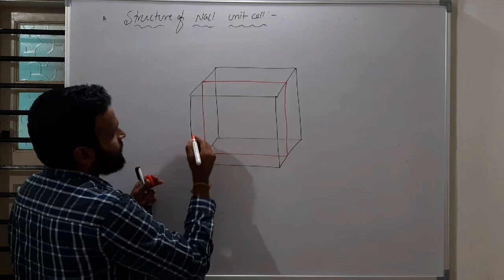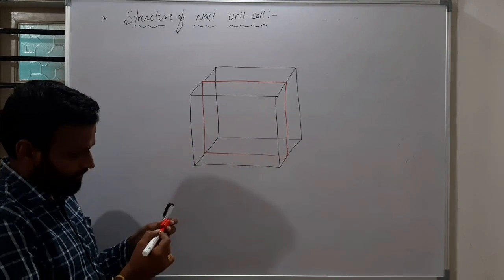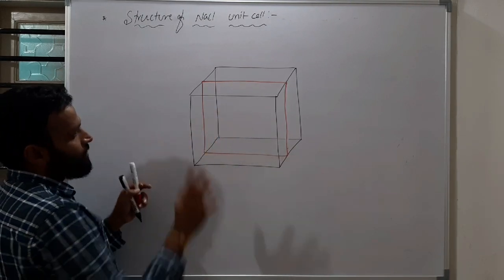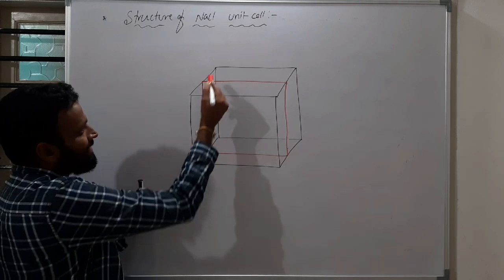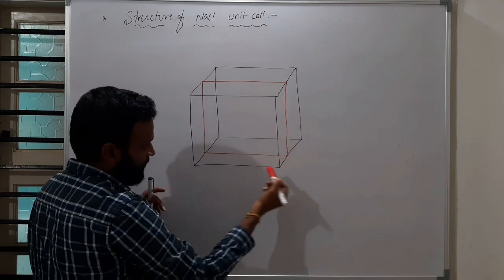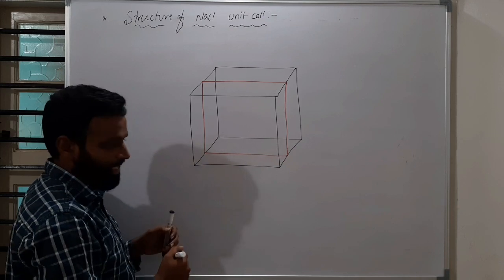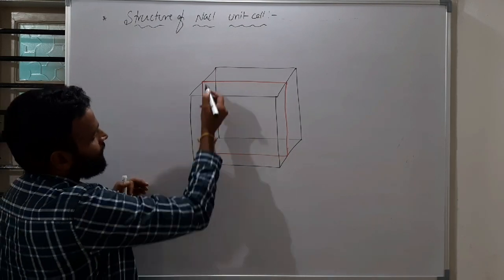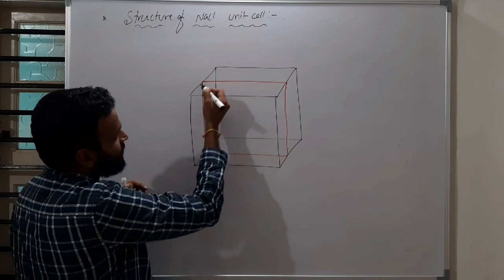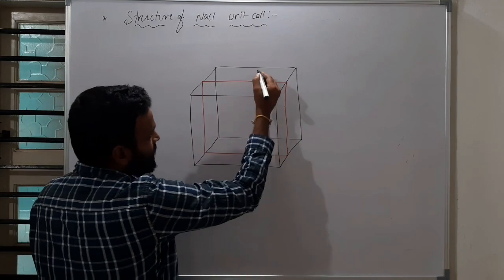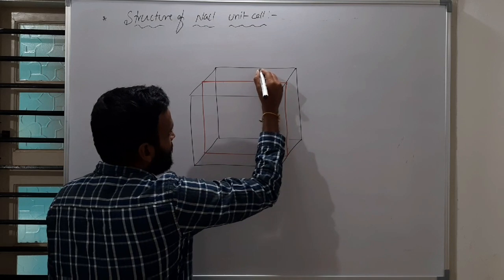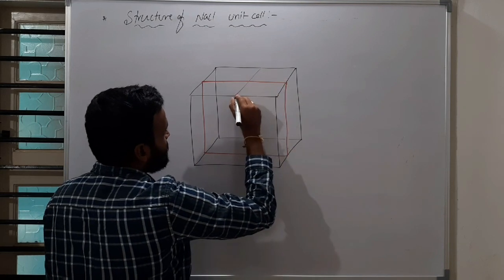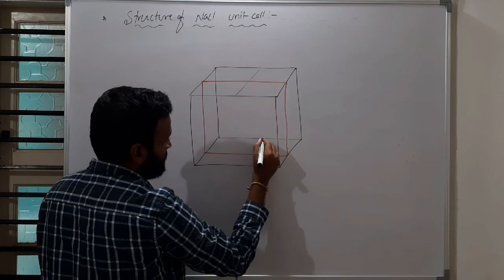Now what I did, just observe everyone. I drew the first cube and combined these 4 diagonal edges. Next, listen carefully. Where you have one diagonal here and one diagonal here, in the middle exactly you have to draw a line like this and like this.